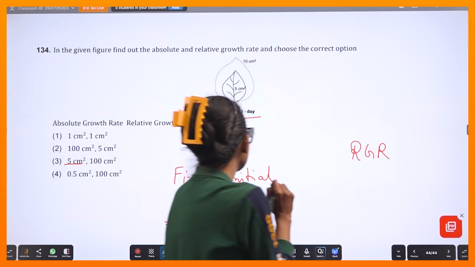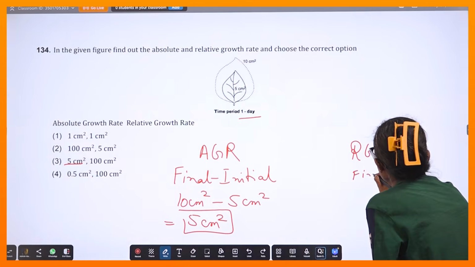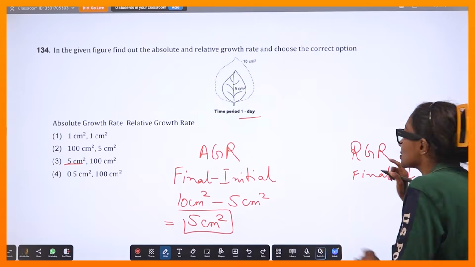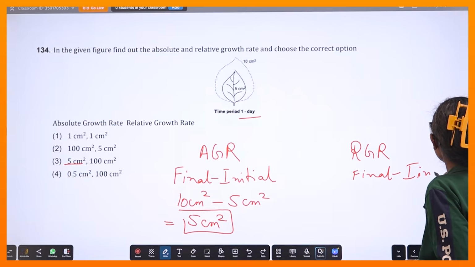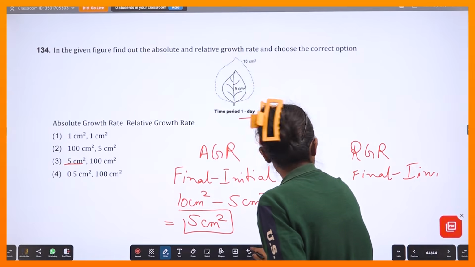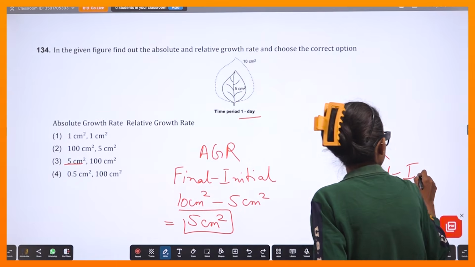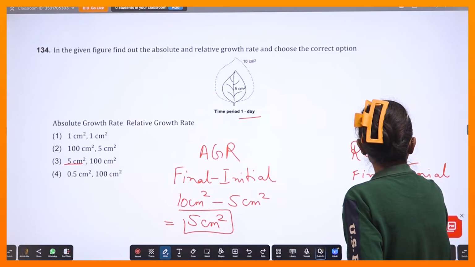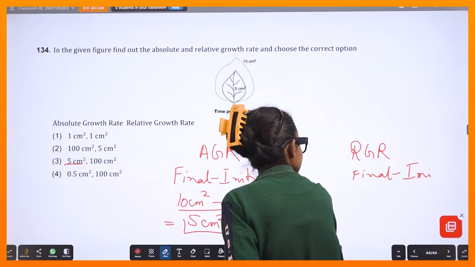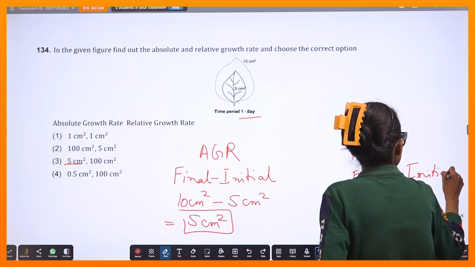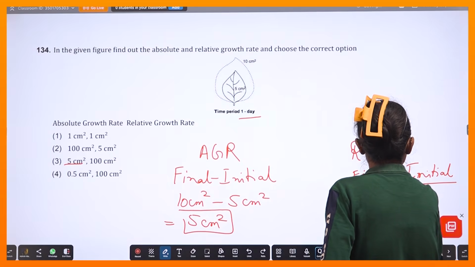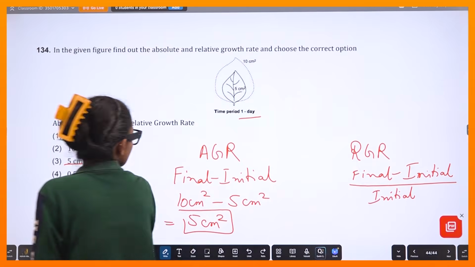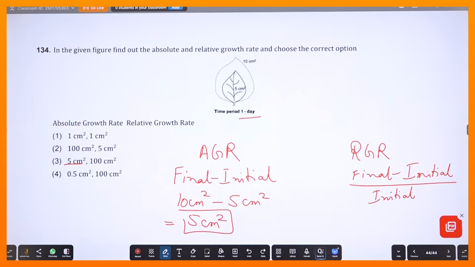What about relative growth rate? The formula is final minus initial relative to the initial growth, right? So final minus initial upon initial.